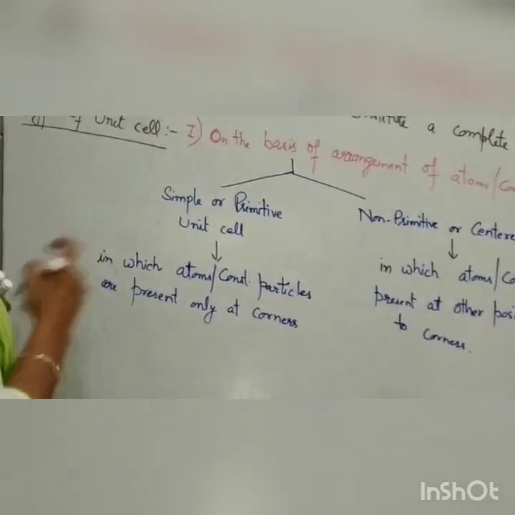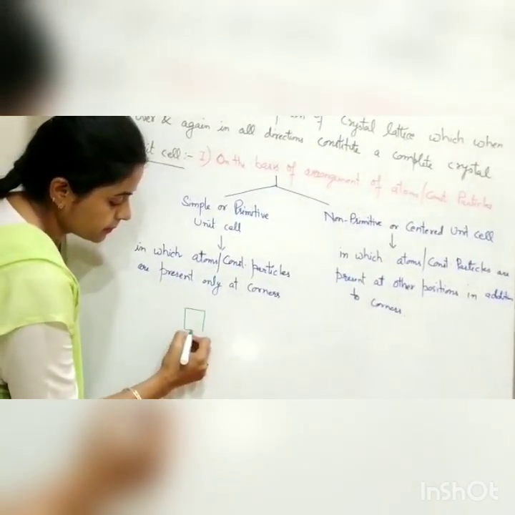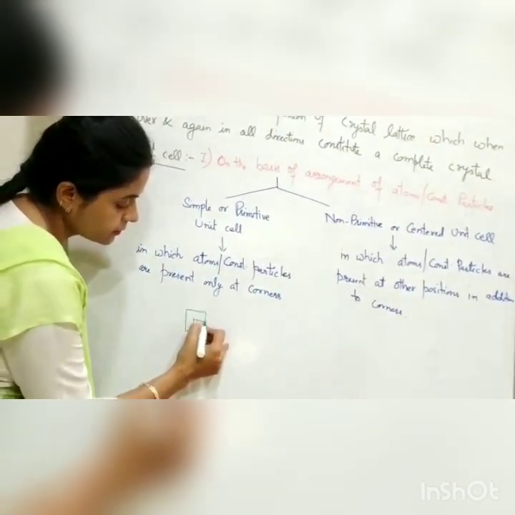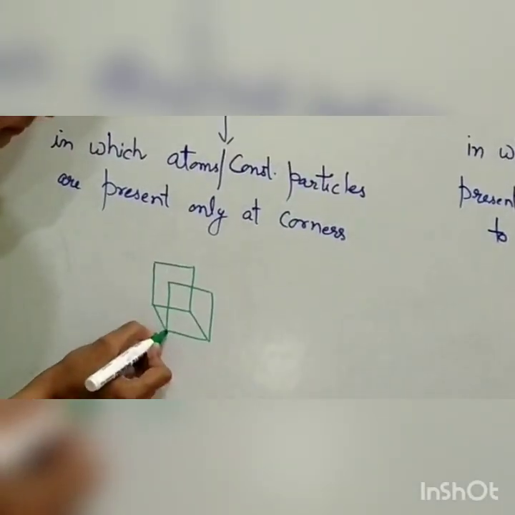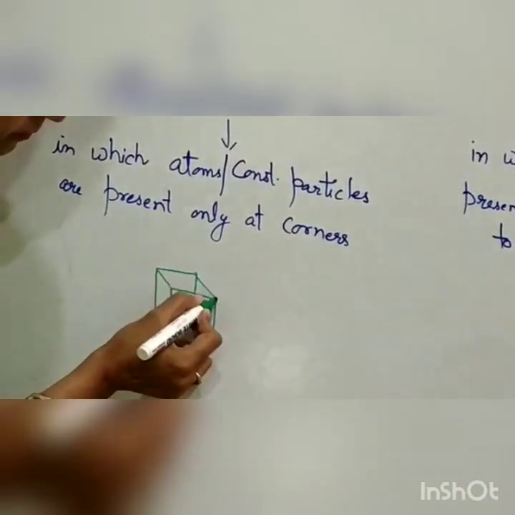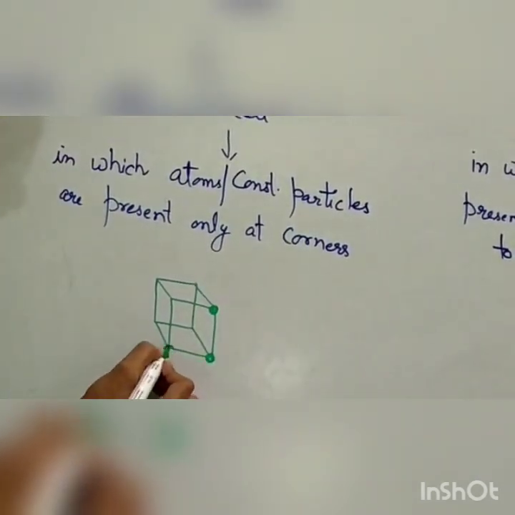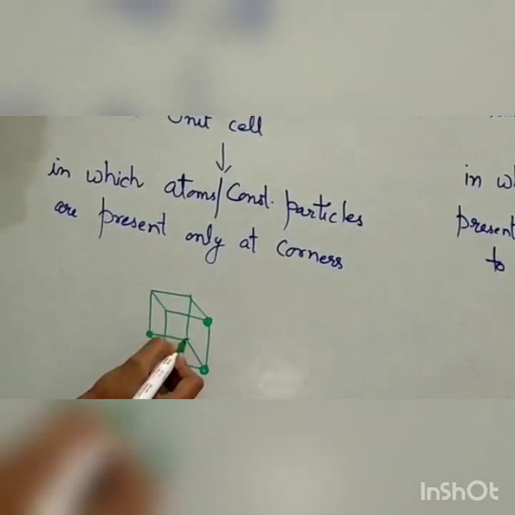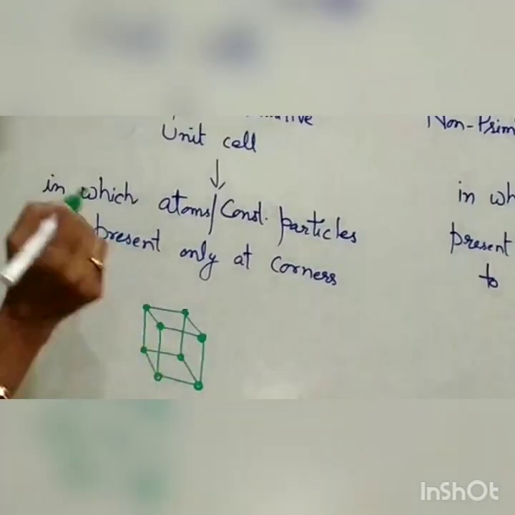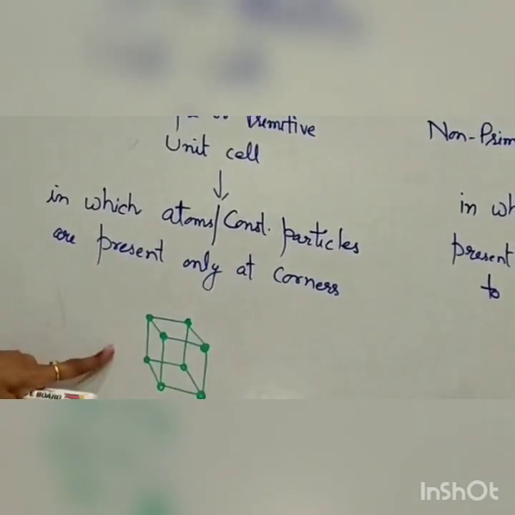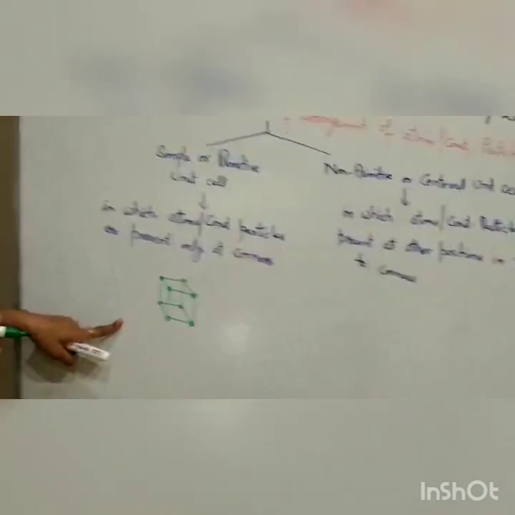This is diagrammatically represented as, if we have a unit cell whose atoms are present only at corners. We know that a cube has how many corners? 8. So this type of unit cell is known as simple or primitive unit cell.